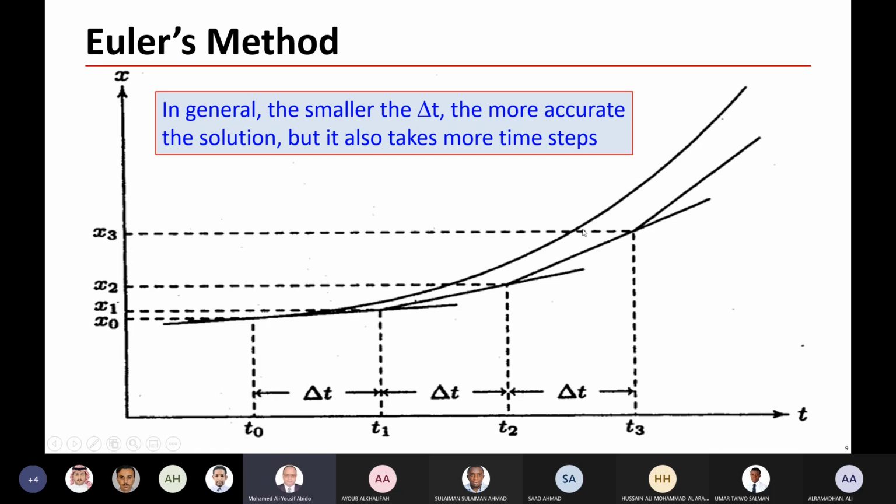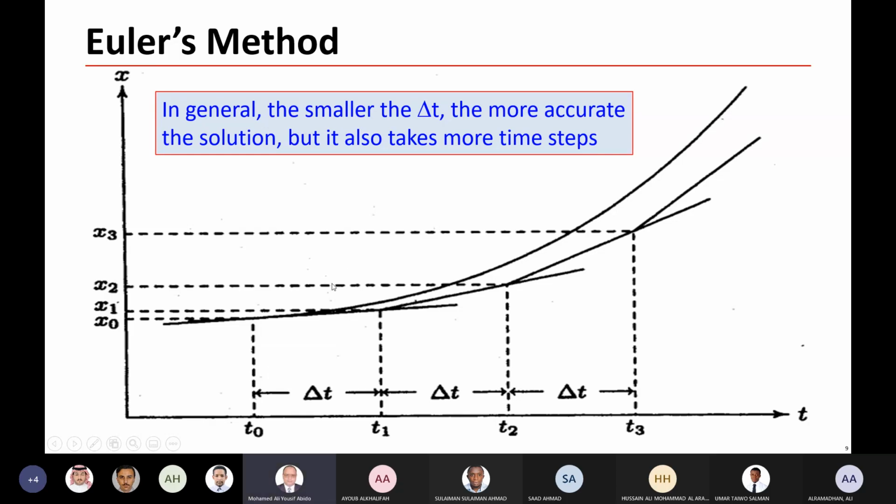It goes below the actual value. So in order to improve the accuracy, you need to have delta t very small. If you decrease the interval delta t, it will give you good accuracy. And in some cases, if delta t is not wisely set, you can have numerical instability.